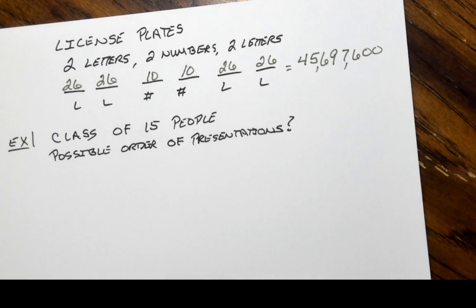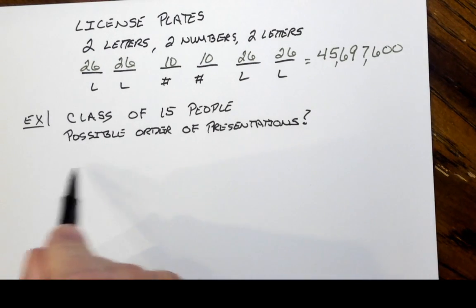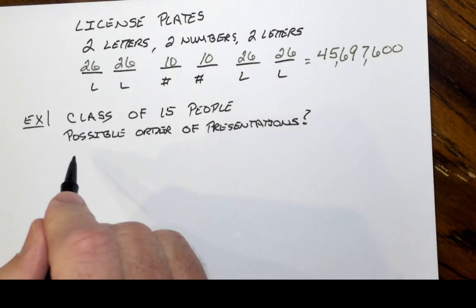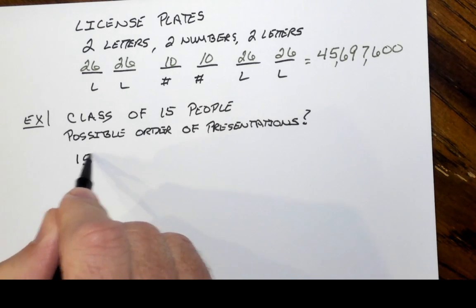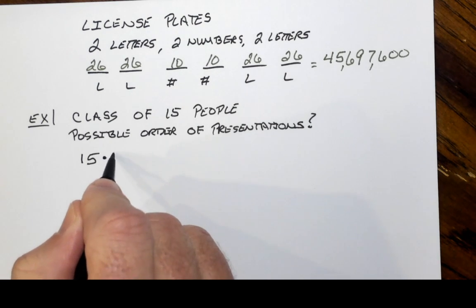Well, you've got 15 people. So in the first spot, how many choices do we have? 15 of us. All right, somebody's brave enough to go first. Then how many? 14 have a choice.